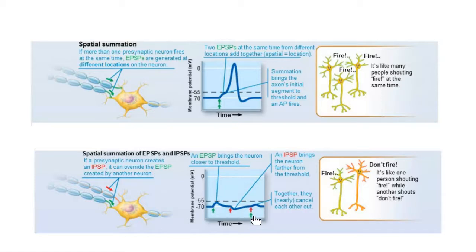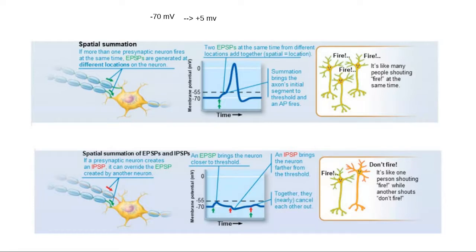When we talk about summation, it's literally like math. We're adding a positive to a negative, to a positive and a negative. We're doing math where we start at negative 70 millivolts. Here's where we start. And then I got a message that is a positive 5 millivolts, say. I got an excitatory neurotransmitter.